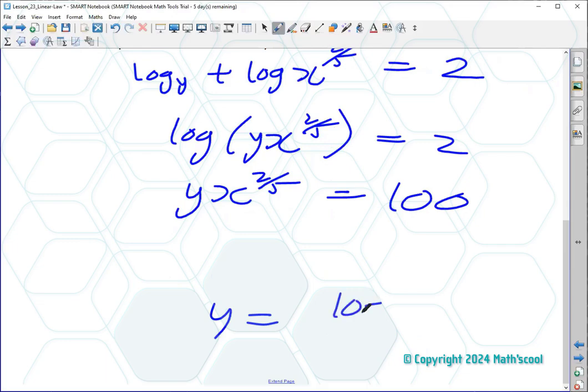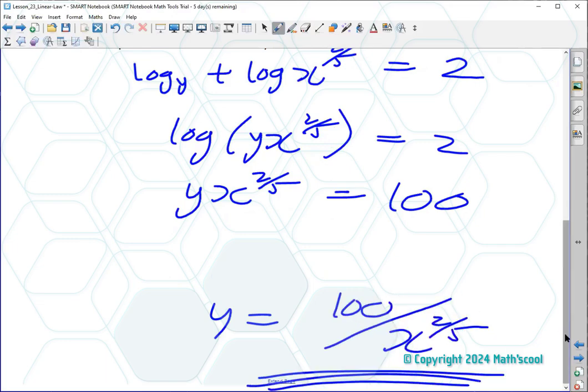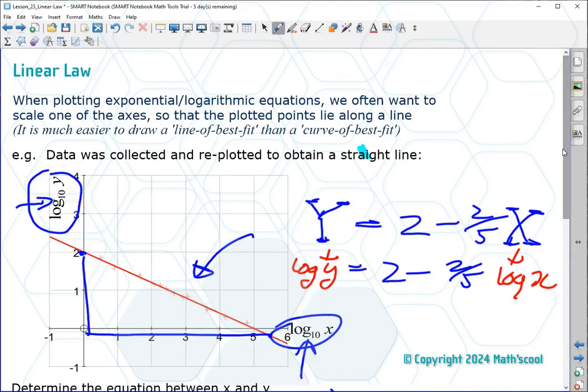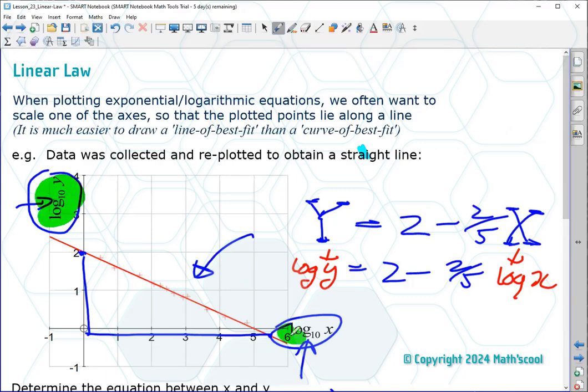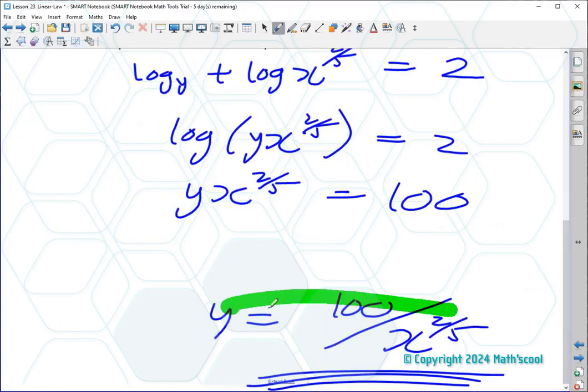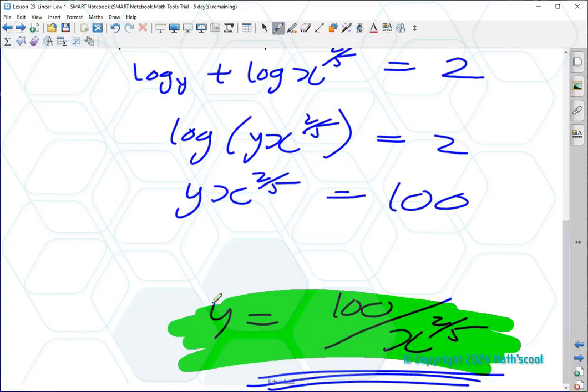Y equals 100 over x to the power 2 over 5. Okay, so they gave me a straight line. They managed to get the straight line by using some modifications to linearize the data. Once I've got the straight line, I can undo those modifications and go back from the linearized data to the actual equation.